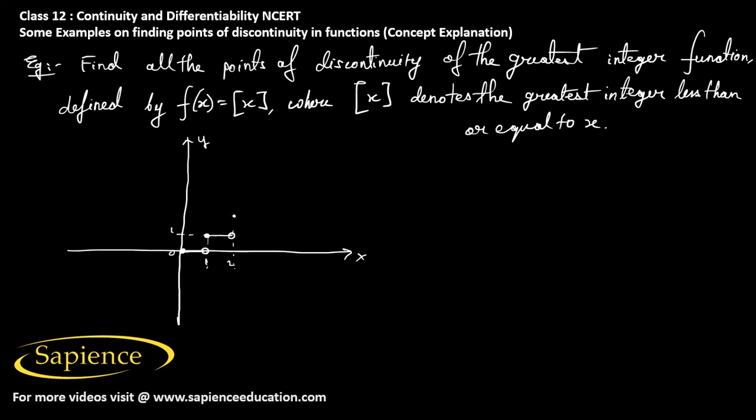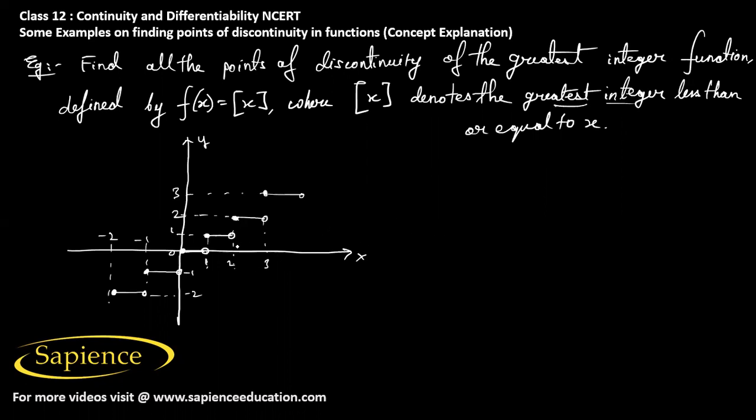And again from 2 to 3, it will be 2. This is 3. And then from 3 to 4, it will be 3 again. And then from -1 to 0, it will be -1. And from -2 to -1, it will be -2. So the greatest integer function is also called a step function.